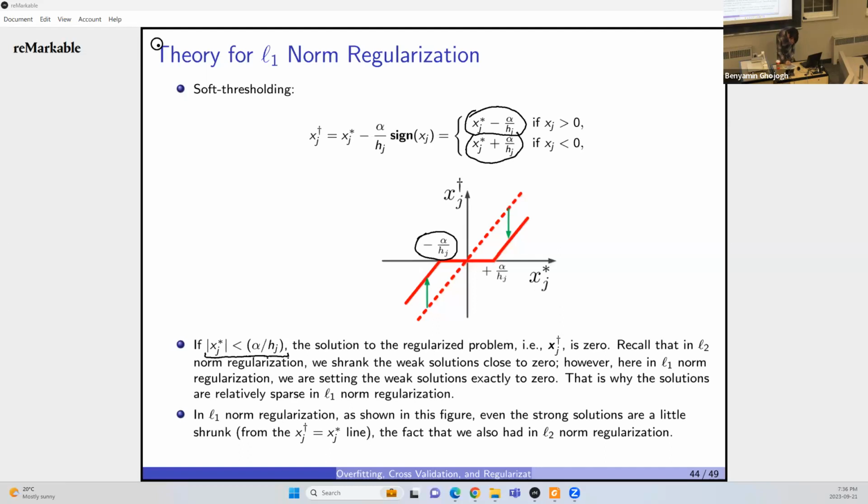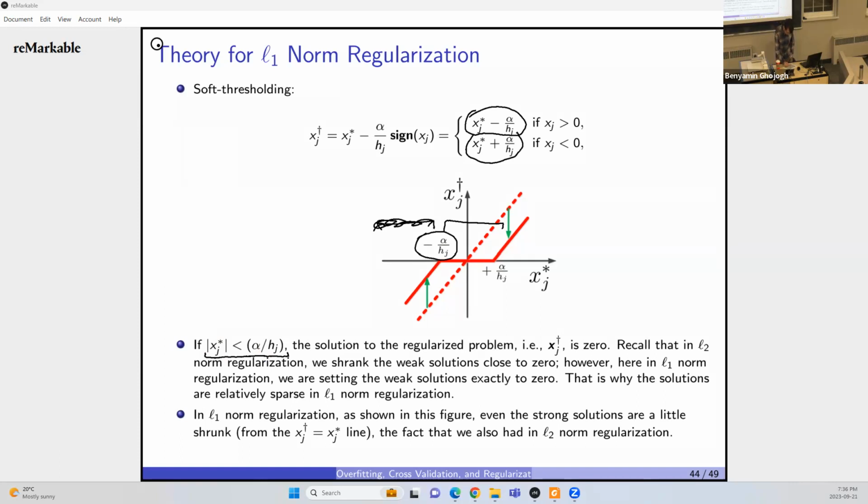When in this plot the absolute value of xj star is less than alpha over hj, what does it mean? I'm in this region. Do you agree? Right?